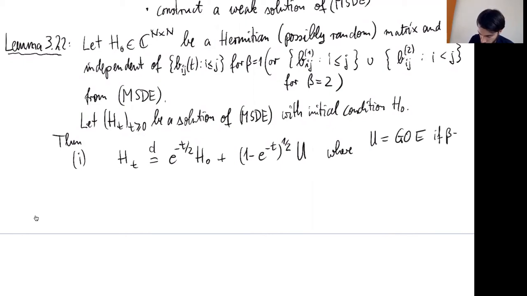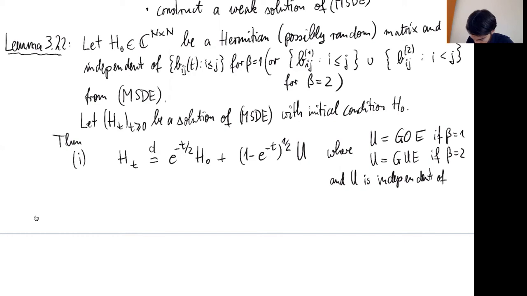Namely, GOE if beta is 1, or a GUE matrix if beta is 2, and of course U is independent of H_0. And that holds for all t.